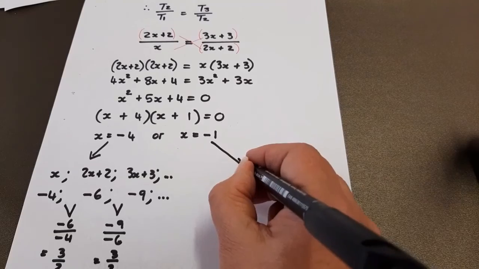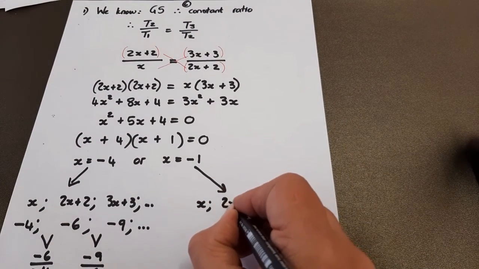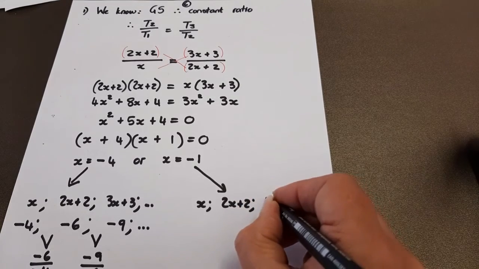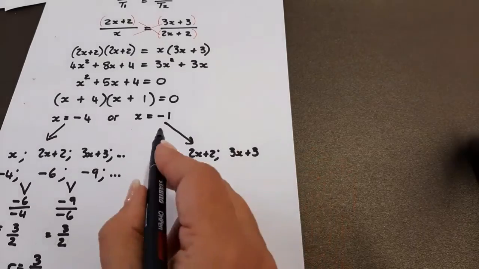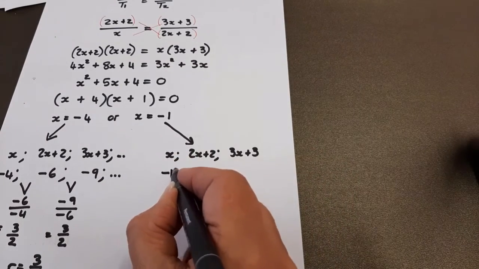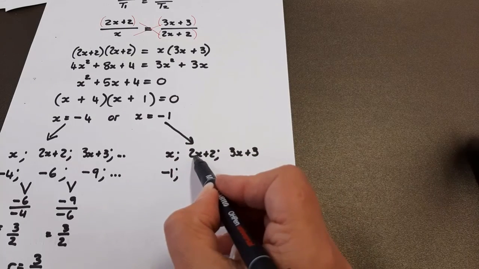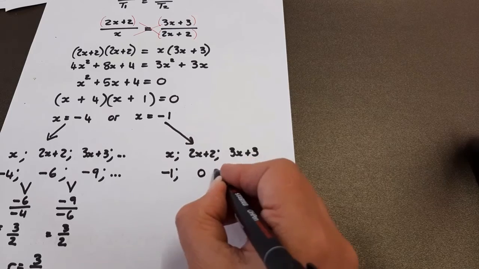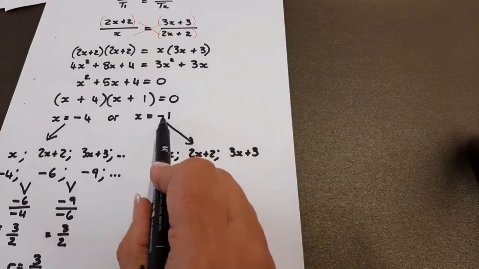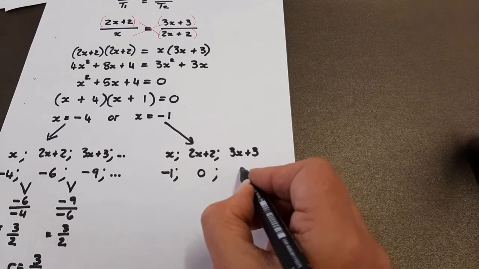If you substitute the minus 1 into x, 2x plus 2 and 3x plus 3, minus 1 will be our first term. Minus 1 times 2 is minus 2. Minus 2 plus 2 is 0. Minus 1 times 3 is minus 3. Minus 3 plus 3 is 0.